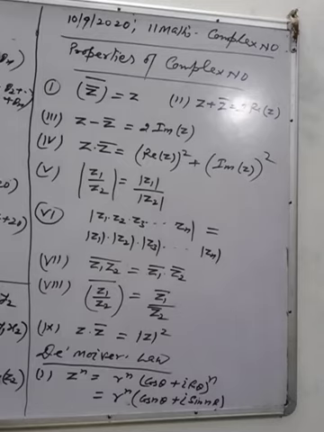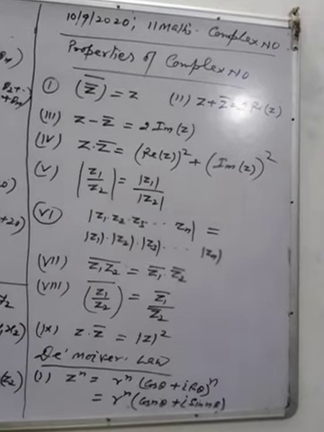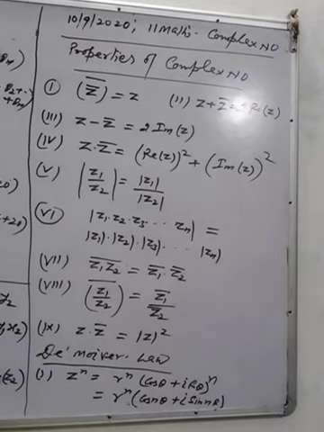So z raised to the power n, that is in polar form r power n into cos theta plus i sin theta raised to the power n, is written as r power n into cos of n theta plus i times sin of n theta. You can write in this form.